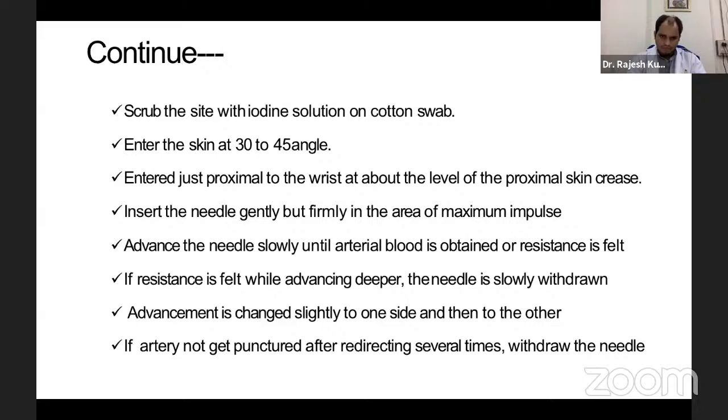So if resistance is felt while advancing deeper, you have to slowly withdraw. Means now you have hit the bone, so you have to withdraw it. Then advance again, changing direction slightly to one side and to another, means you can manipulate a little bit to the right or left. If the artery is not punctured after redirection a few times, withdraw the needle, or you can call for help.